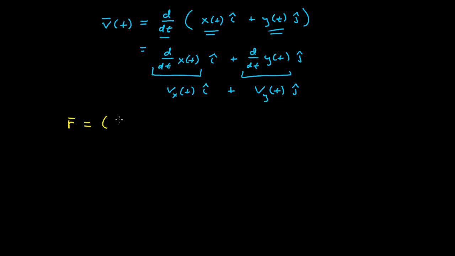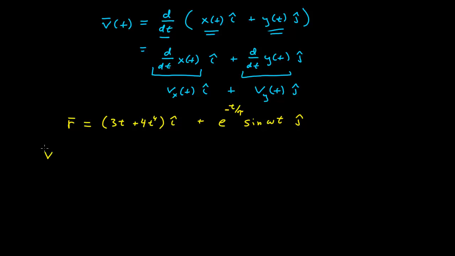So if I say I have a trajectory here, it has a functional form of 3t plus 4t to the fourth i hat plus an exponential e to the negative t over tau sine of omega t j hat, and here tau and omega are both constants.